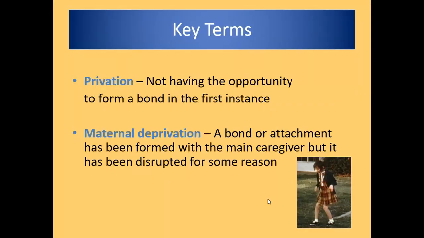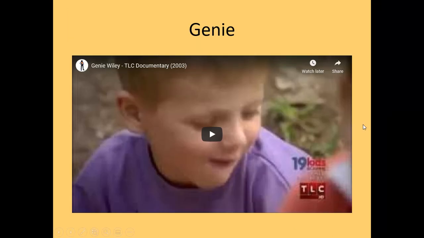It's not explicitly in the course, but there's some really interesting stuff on privation, on children brought up without a primary attachment. A really famous case is Genie, so I've got the video for you to watch. It links to language acquisition in English, and it's quite an interesting case to look at.